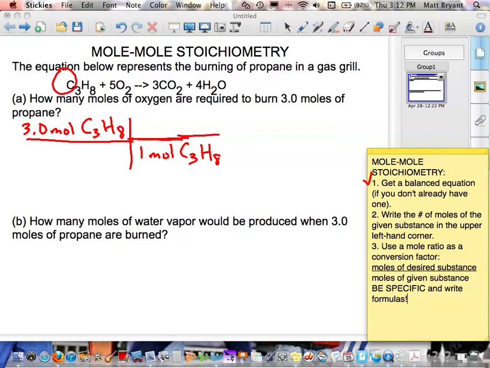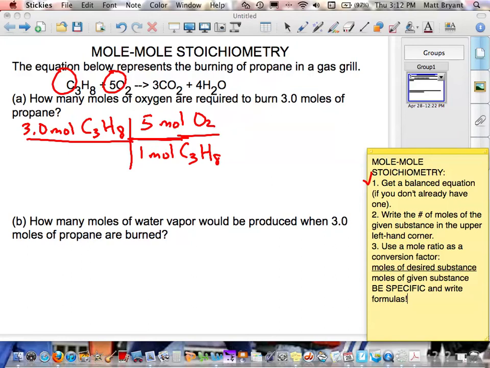But in this case, we're putting 1 mole of C3H8 on the bottom because there's only 1 mole in the balanced chemical equation. Now, if we want to convert to oxygen, in this case, O2, we need to use the coefficient in the balanced chemical equation that deals with oxygen. And in this case, we see that coefficient is 5. We have 5 moles of oxygen for every 1 mole of propane. So, we put our 5 moles of O2 on top.